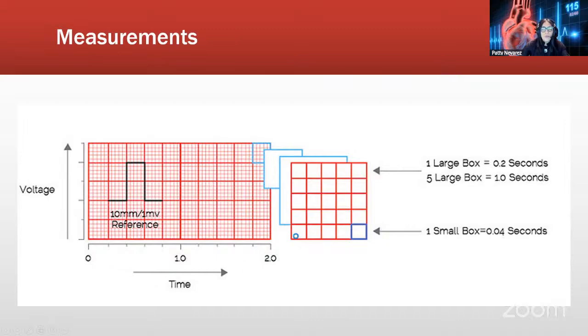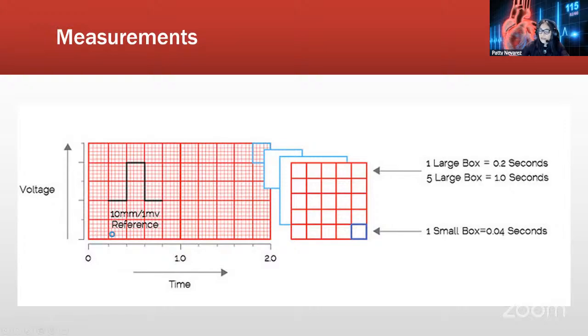When we're talking about time, one little square is going to be 0.04 seconds. Therefore, if we multiply that by 5, because each large square has 5 small squares, it's going to give us 0.2 seconds. So every large square is going to be 0.2 seconds.